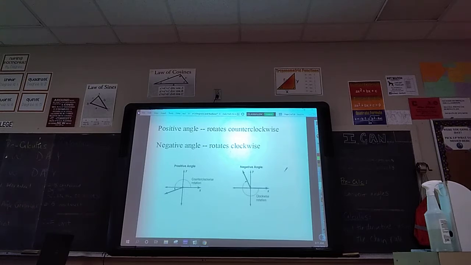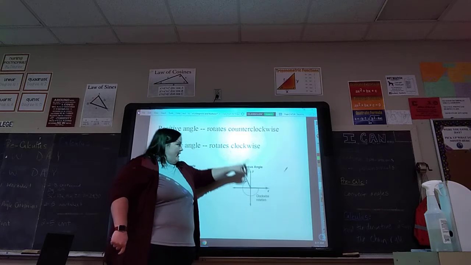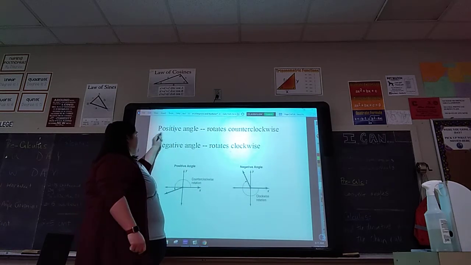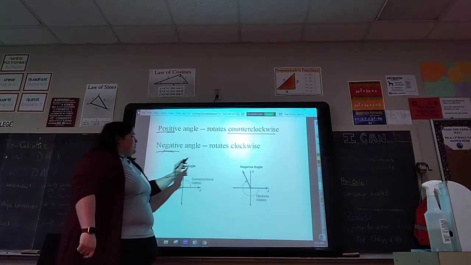Now, if I want to rotate clockwise instead, the way we do that, so we can indicate direction as well as how far we're going, is I can rotate using a negative angle. So positive angles are counterclockwise, negative angles are clockwise.